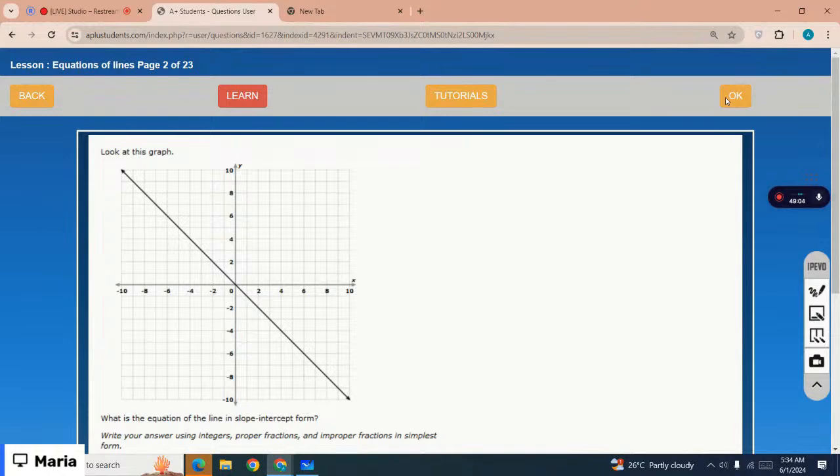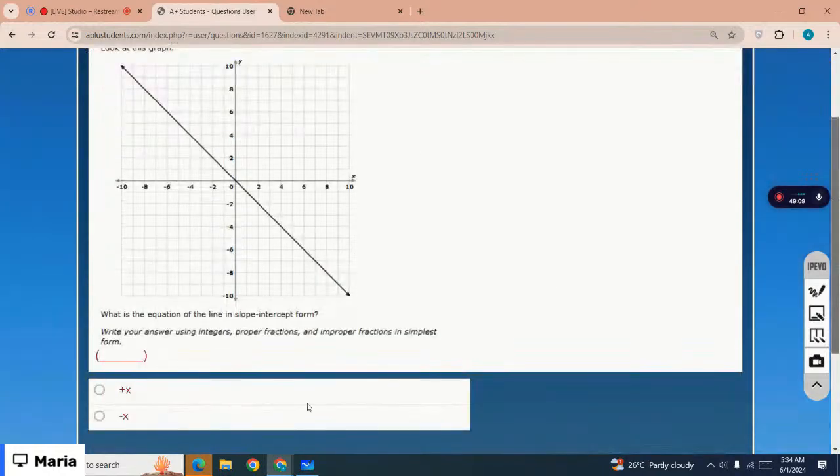The y-intercept is 0 and the slope is 1. So the equation is y equals x. Option number 1 is the correct option.